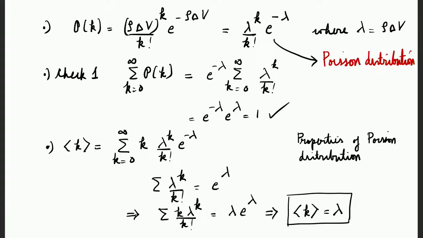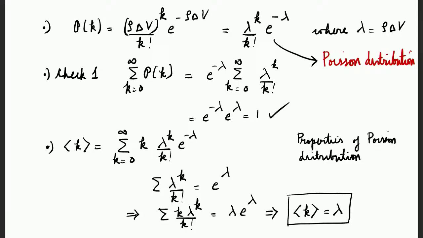So expectation value of k is lambda. There's only one parameter in the Poisson distribution, and that parameter happens to be the mean value of the random variable. k is called the random variable because its value keeps changing with realization. Is this okay?